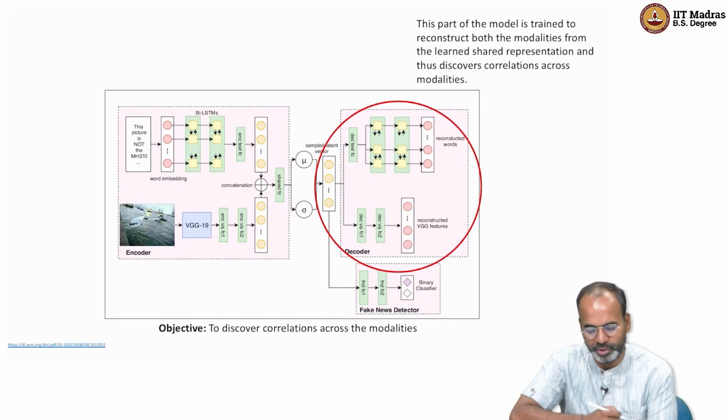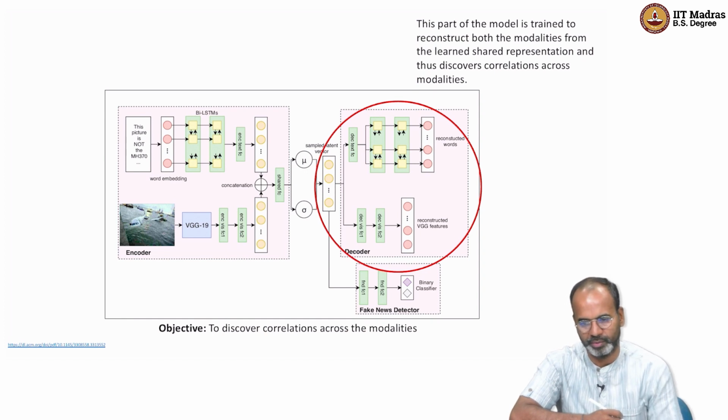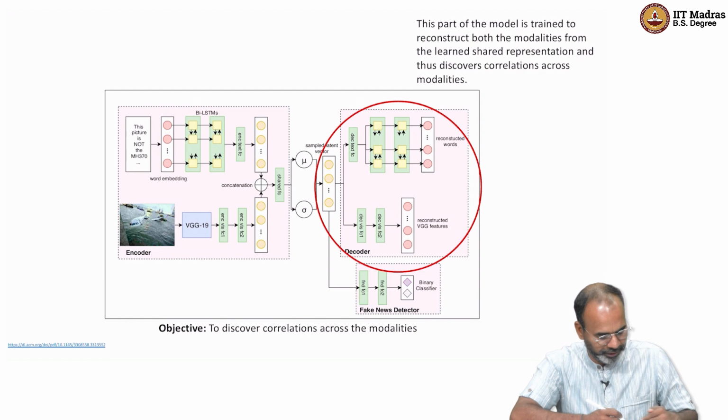The model is trained to reconstruct both the modalities from the learned shared representation and thus discovers correlations across modalities. So essentially the goal is that I want to know whether the features that I've given in the text and the features that I've given in the images are helping me to decide whether it is fake or not.